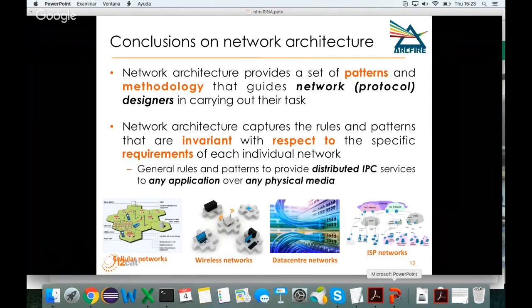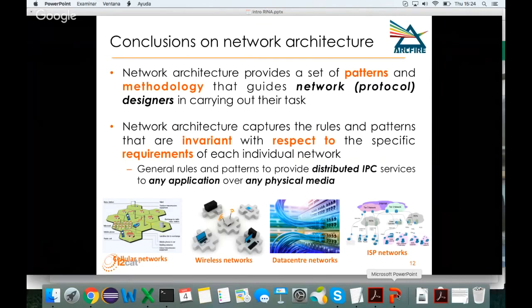Another important thing is that network architecture captures everything that is invariant with respect to the specific requirements of each individual network. So it doesn't matter if you're building a cellular network, a wireless network, a data center network, or an ISP network. If you're dealing with network architecture, you're dealing with the rules that will be useful to build any of these. So general rules and patterns provide distributed IPC services to any application over any physical medium.